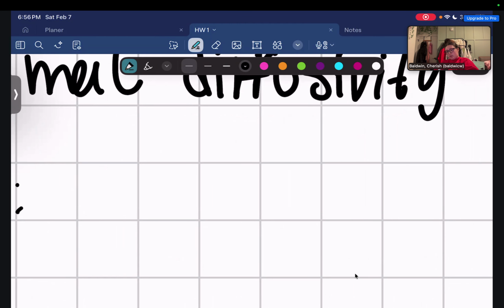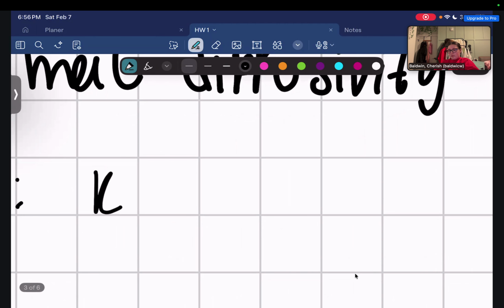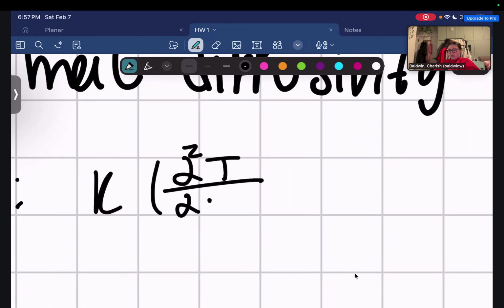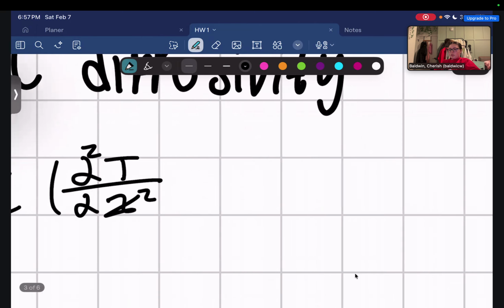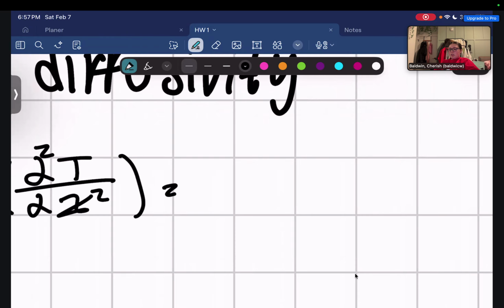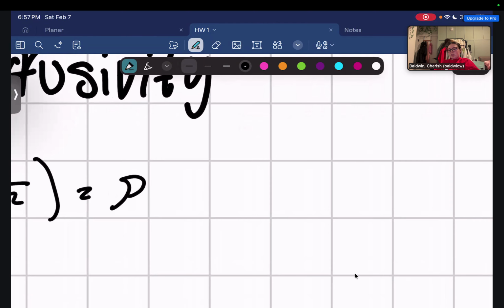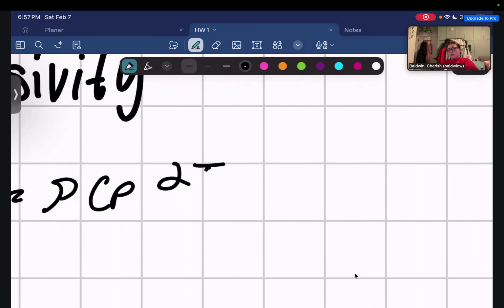So K times the second partial derivative of temperature over the second partial derivative of distance equals density times heat capacity times the partial derivative of temperature over time.